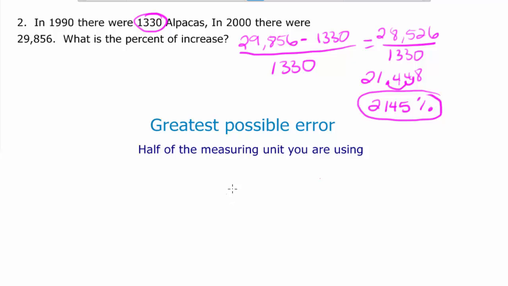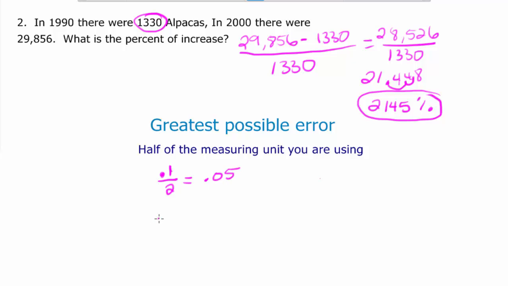Okay. Greatest possible error. It's half of the measuring unit you are using. We'll do some examples of this. For example, if you measure something to the nearest tenth place, the tenth place is 0.1, so you would divide 0.1 by 2, and that would give you 0.05 as your error.